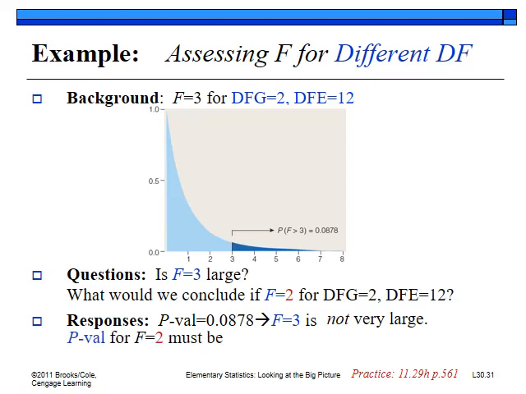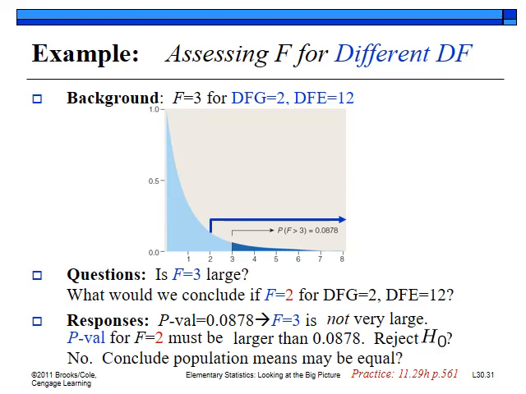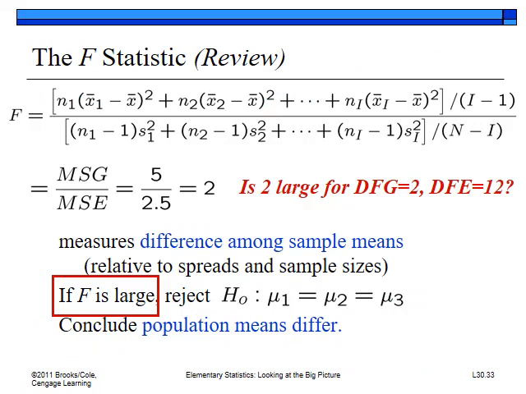What about if f were 2 instead of 3? Well, that would have an even bigger p-value. So in both cases, we don't reject the null hypothesis and we conclude that the means might be equal. So that's how we determine if f is large.